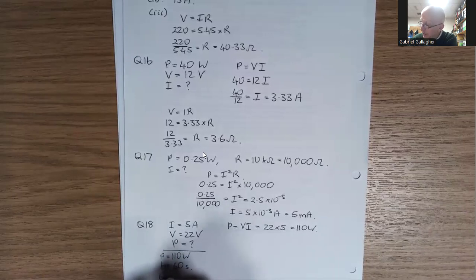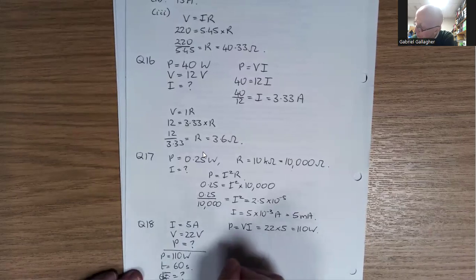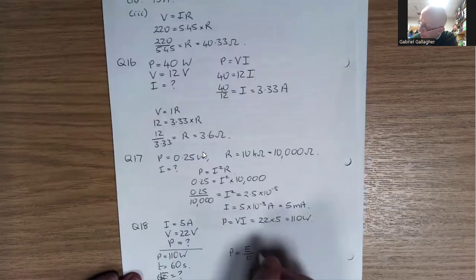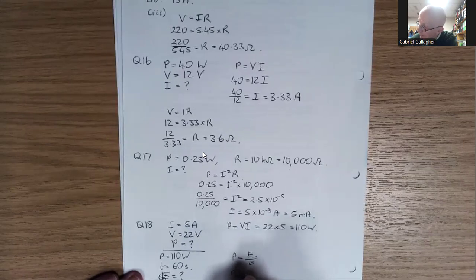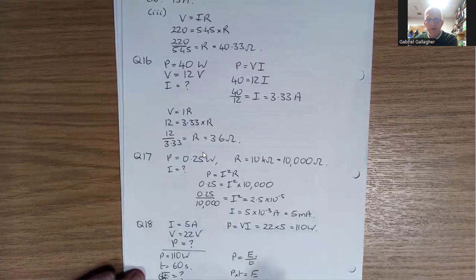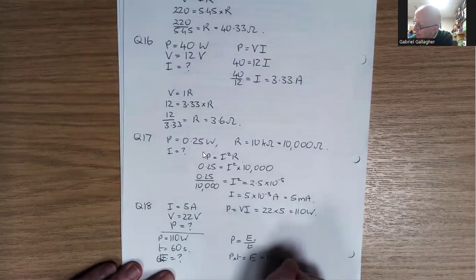And what's the energy? Remember, power is energy over time. Multiply by T there, multiply by T here. So power times time equals energy, and that equals 110 by 60.